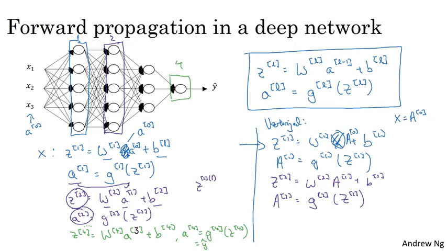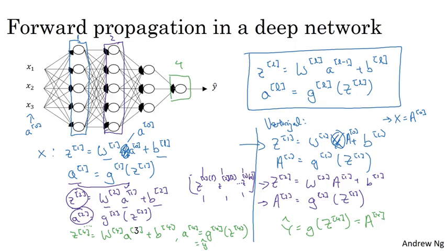This is the Z vector for the first training example, the Z vector for the second training example, and so on down to the nth training example, stacking these in columns and calling this capital Z. And similarly for capital A, just as capital X, all the training examples are column vectors stacked left to right. And then at the end of this process, you end up with Y hat, which is equal to G of Z4. This is also equal to A4, and that's the predictions on all of your training examples stacked horizontally.